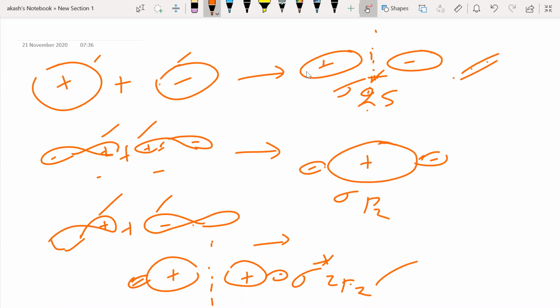So these are what are called as your nodal planes. So always remember, whenever you have an anti-bonding orbital, you will always have a nodal plane.